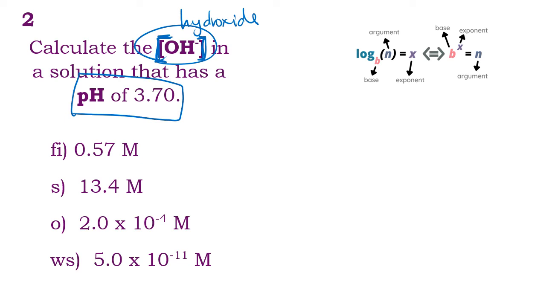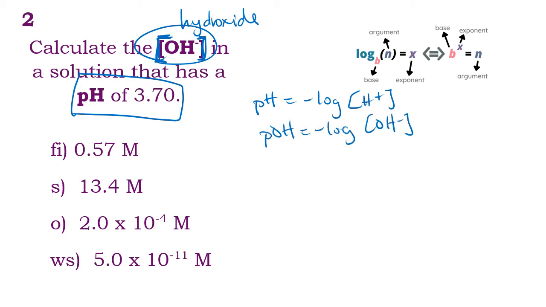Remember that the pH is the negative log of the hydrogen ion concentration. The pOH is the negative log of the hydroxide ion concentration. Since I'm looking for the hydroxide ion concentration, it makes more sense to flip over to pOH.